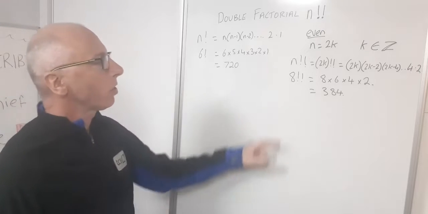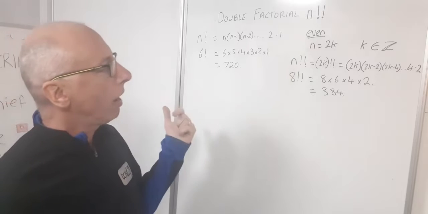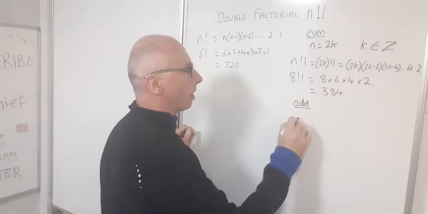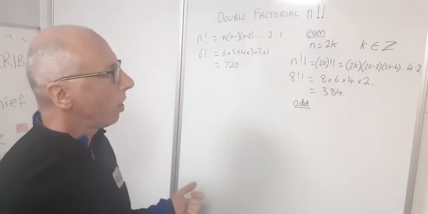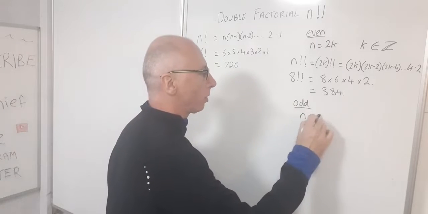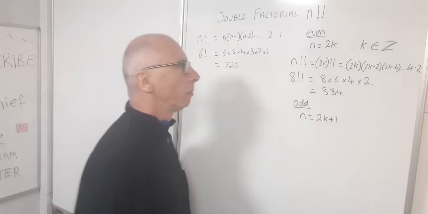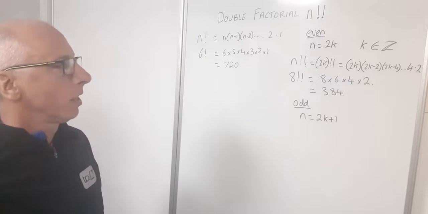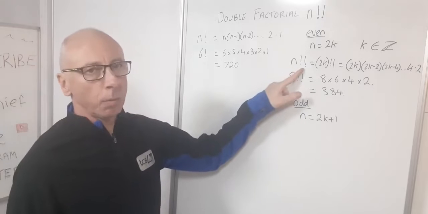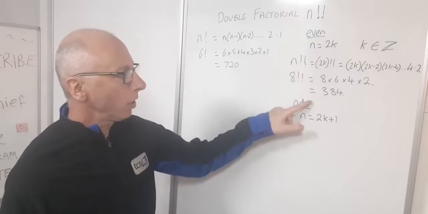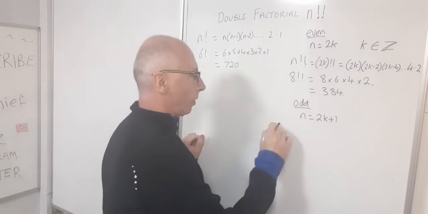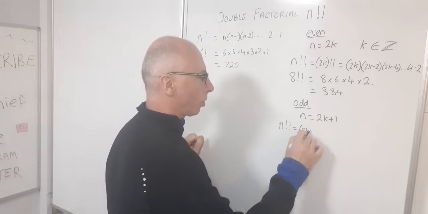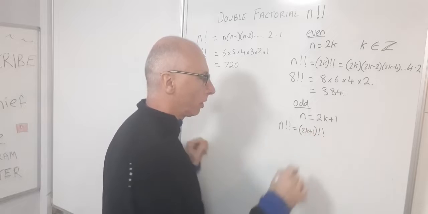Now, that's all well and good with even numbers. What about odd numbers? The general accepted way of writing an odd number is n equals 2k plus 1, again where k is an integer. So now our n double factorial for odd numbers: n double factorial equals (2k plus 1) double factorial.